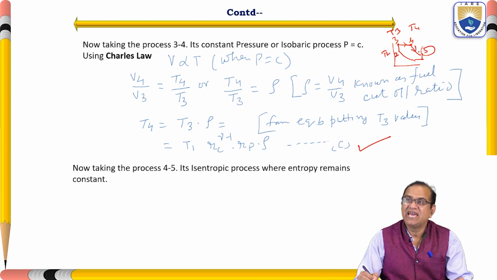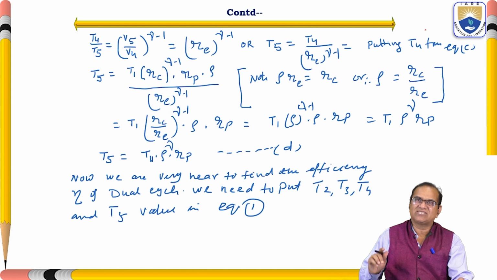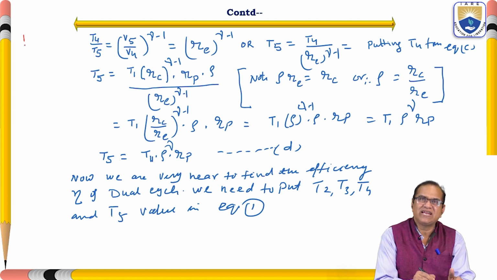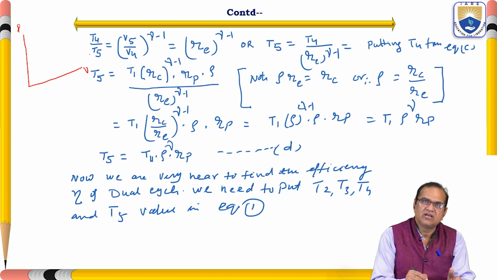4 to 5 is an expansion process, reversible adiabatic expansion or isentropic expansion. So we have to use that relationship. Here T4 by T5 is equal to V5 by V4 to the power gamma minus 1. I will just write it again on the PV diagram, 1 to 2, 2 to 3, 3 to 4 and 4 to 5.